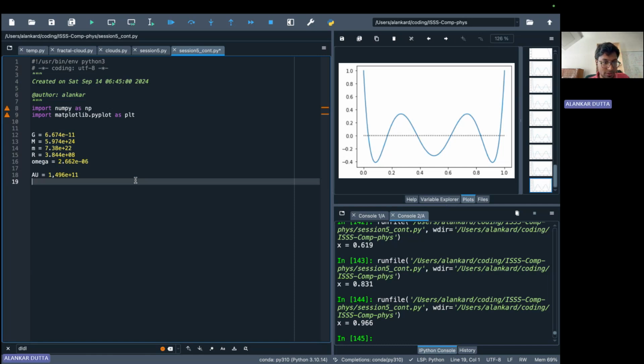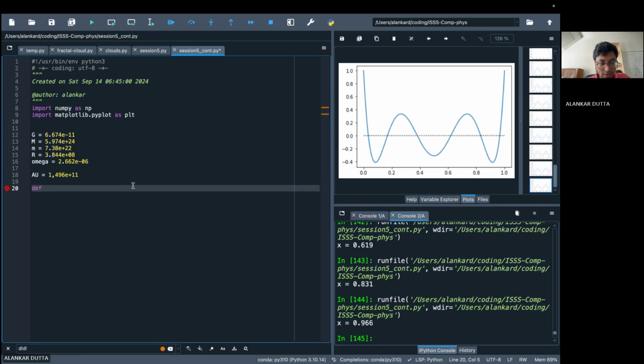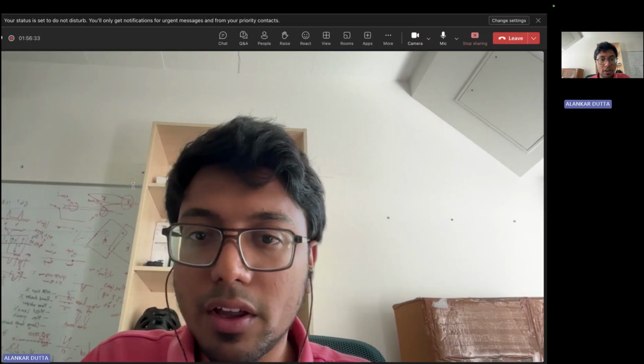Okay, so this is AU, and then we try to solve for the equation, right? So we have the distance function. We try to solve for rad.